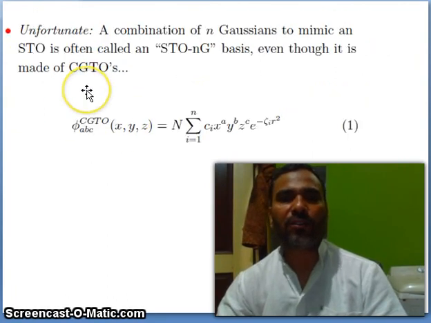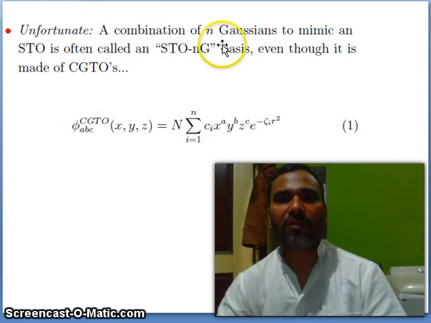Unfortunately, a combination of n Gaussians to mimic an STO is often called an STO-NG basis, even though it is made up of CGTOs.